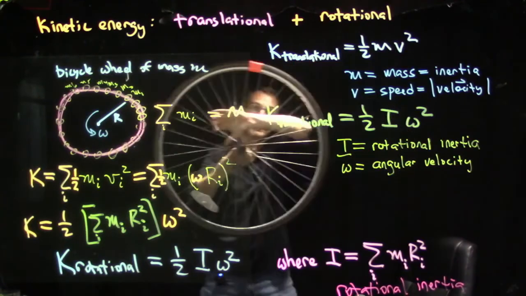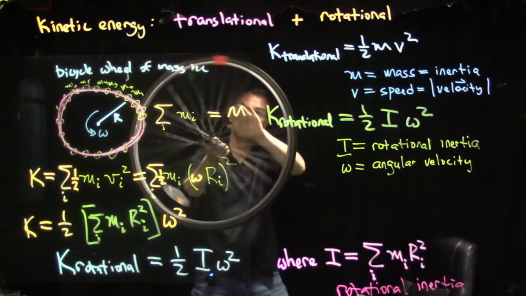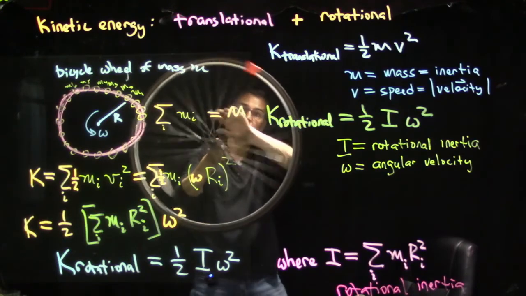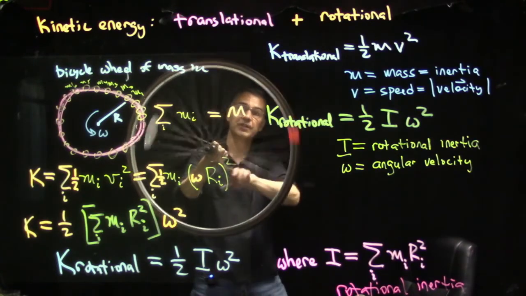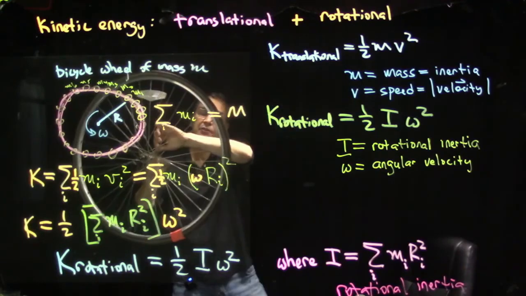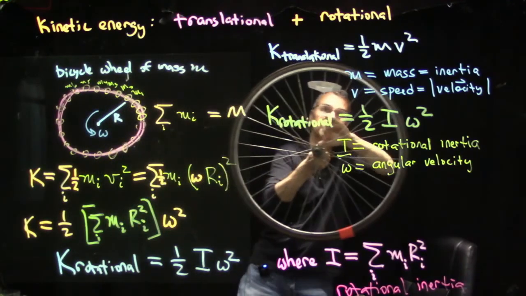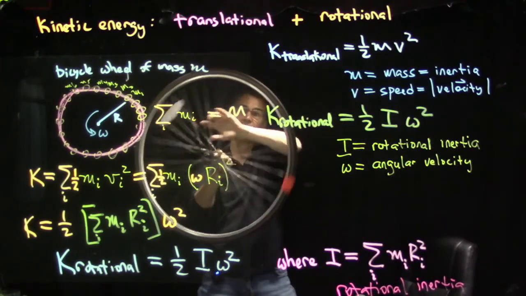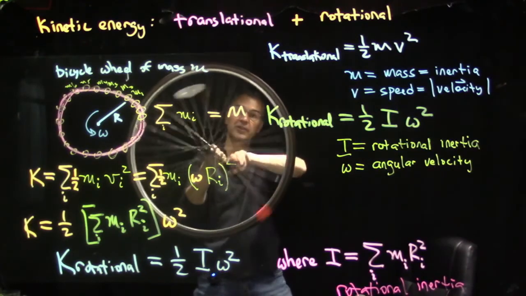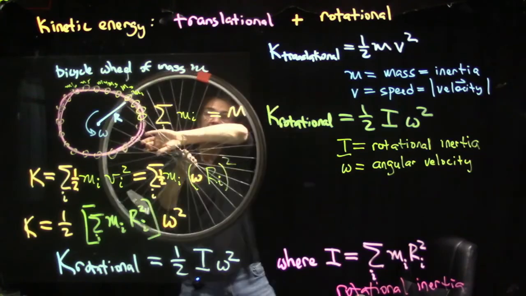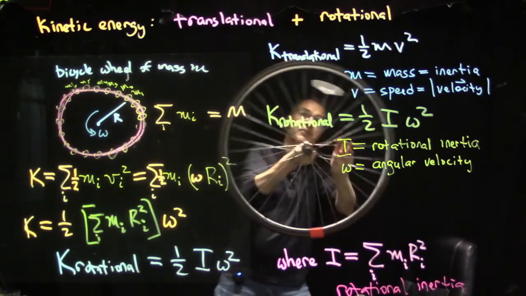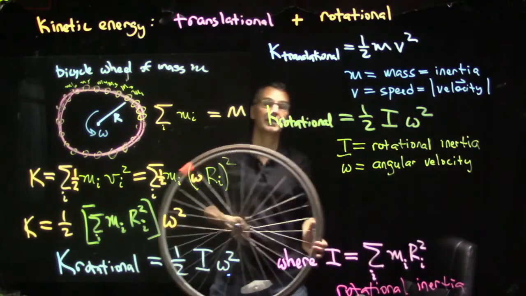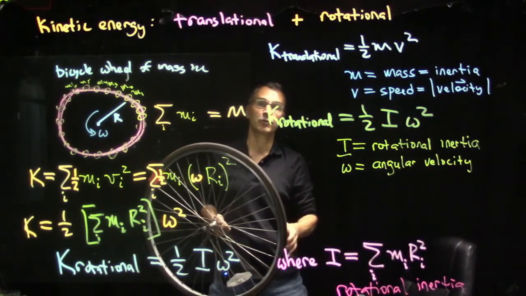In addition, the constituent pieces of the wheel are rotating about the center of mass at some angular velocity. This is translational motion, so there's a translational kinetic energy associated with that. This is rotational motion, so there's a rotational kinetic energy associated with that. If I'm riding my bicycle down the street, there is both translational and rotational kinetic energy associated with the motion of the wheel, and we want to write both parts.